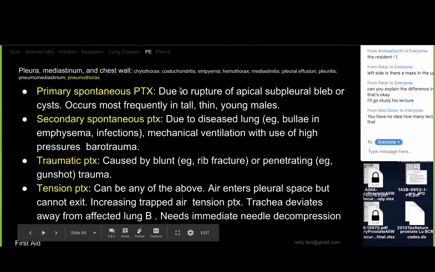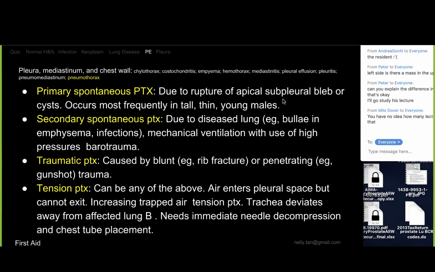Primary spontaneous is due to young, tall people who have little blebs that pop. Secondary spontaneous occurs if you have emphysema or infections. With mechanical ventilation, they use high pressure, so it just pops. And trauma from rib fractures, penetrating injuries, stab wounds.